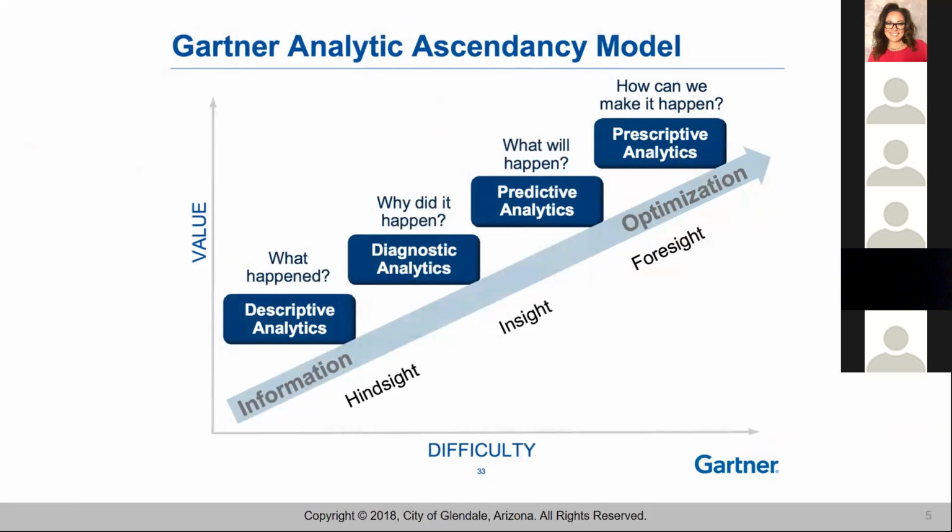If you look at the chart here, you can see as you go up the scale, value increases. However, extracting that information becomes more difficult. We start from raw information at the bottom, more hindsight, to optimized information where we have foresight.